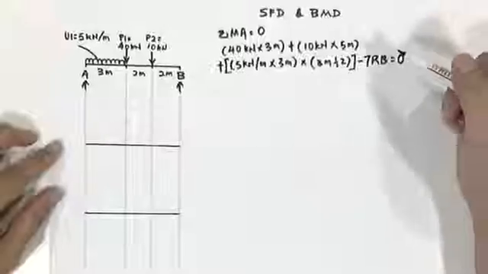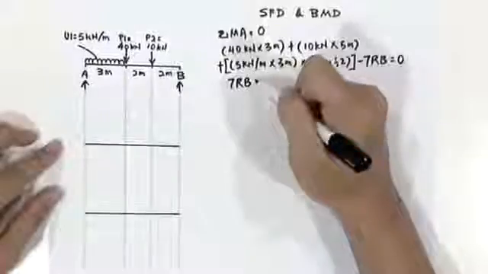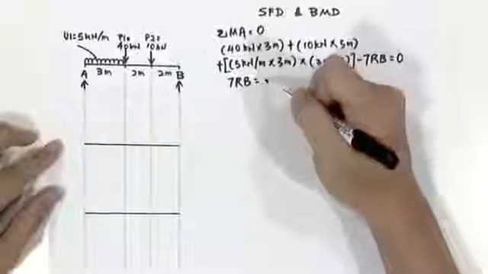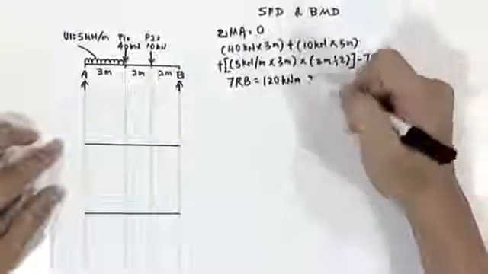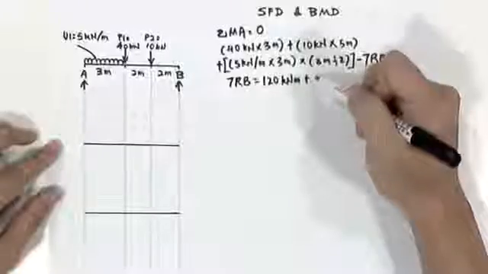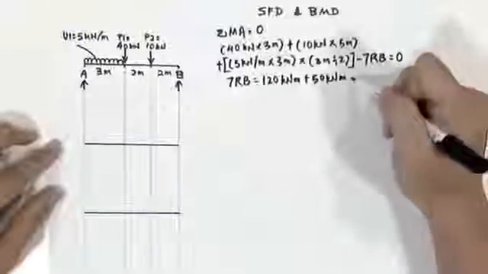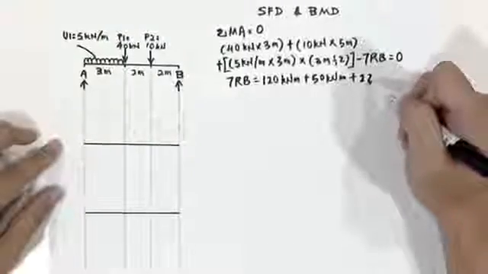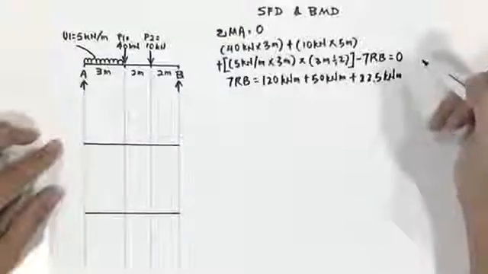So we rearrange the equation, in a way that 7 RB equals 40 times 3, which is 120 kilonewton meter, plus 10 times 5 meter, which is 50 kilonewton meter, plus, if you sum up all this, it will equal 192.5 kilonewton meter.